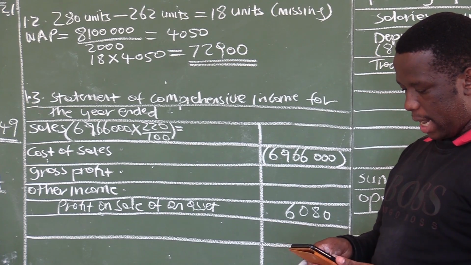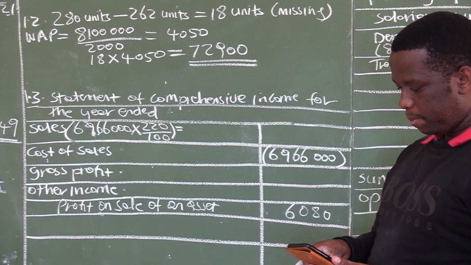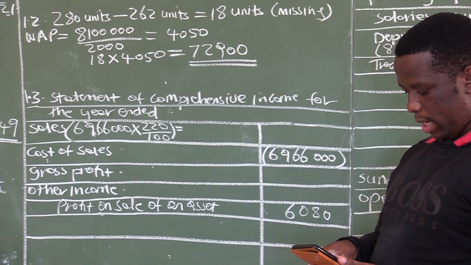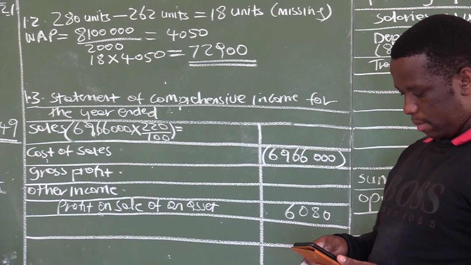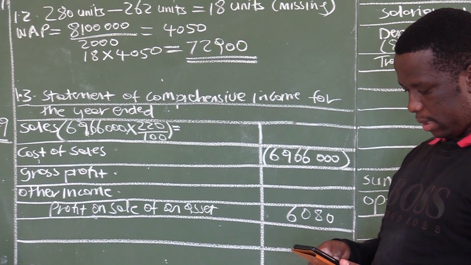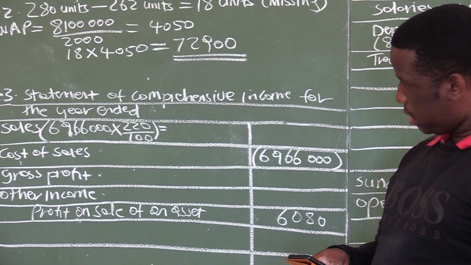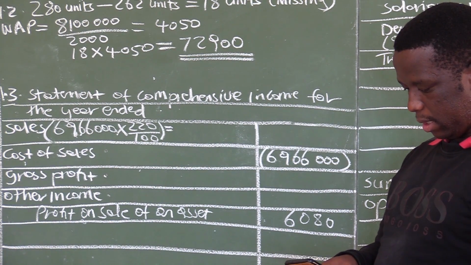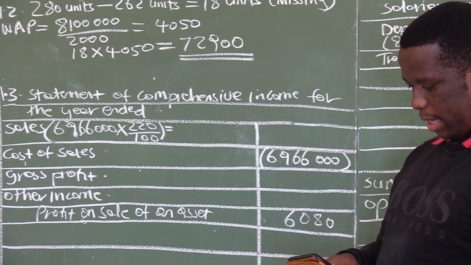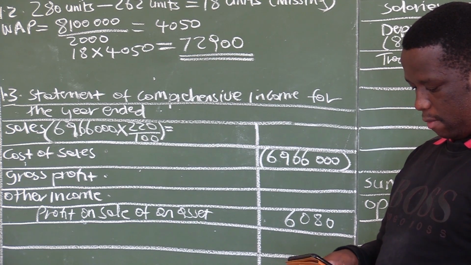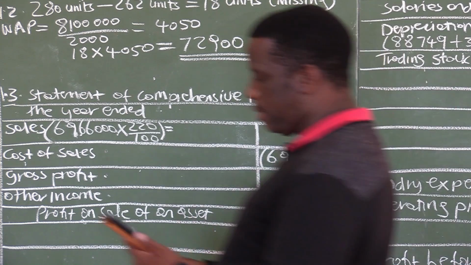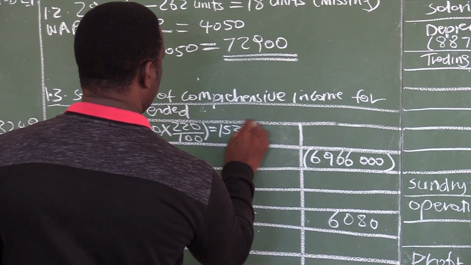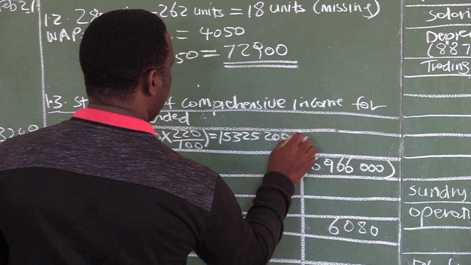So 6,966,000 multiplied by 220 over 100 is 15,325,200.